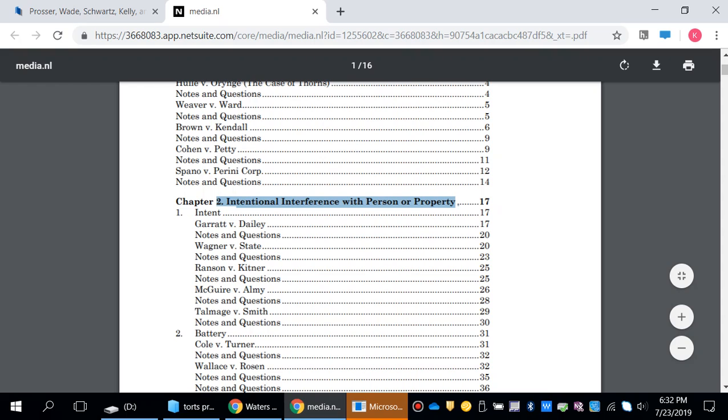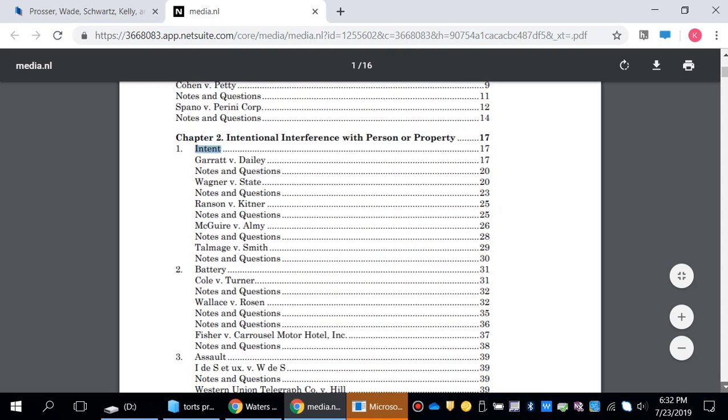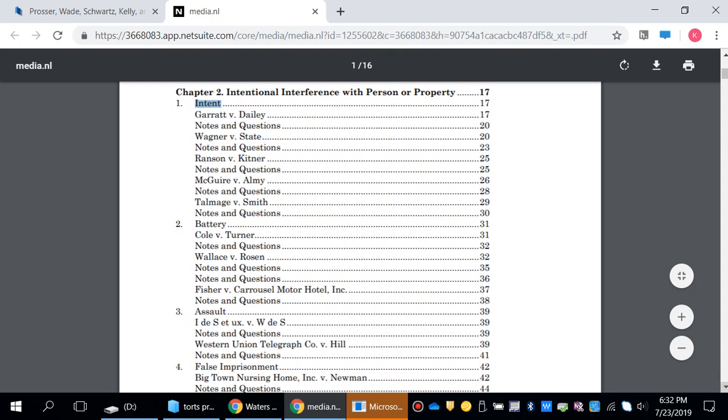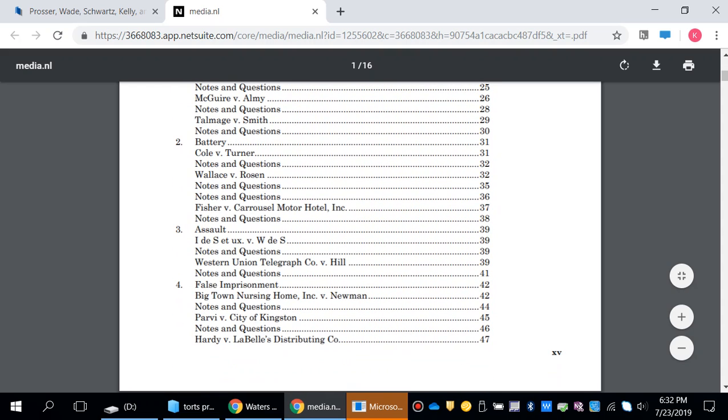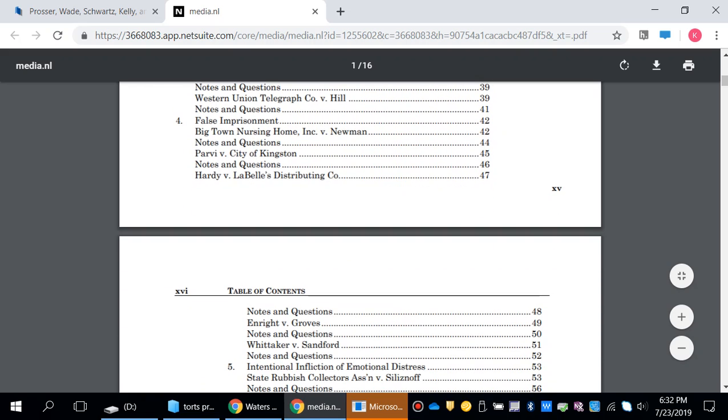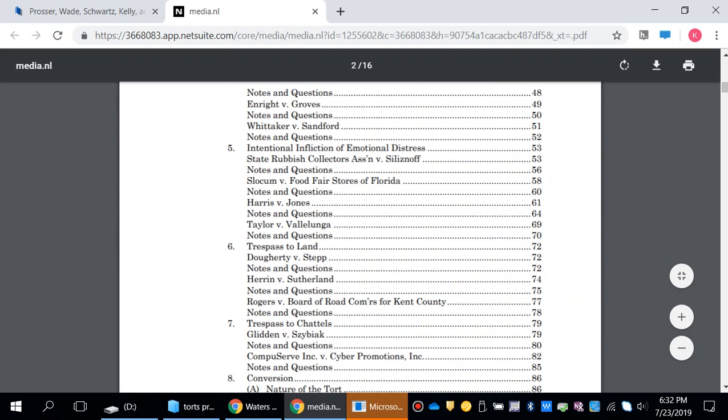And each of these, starting with battery, what they have in common is that they all require intent. So your casebook starts with this concept of intent. But this concept of intent applies to battery, applies to assault, applies to false imprisonment, intentional infliction of emotional distress. The intent is even in the name. Trespass to land requires some type of intent.